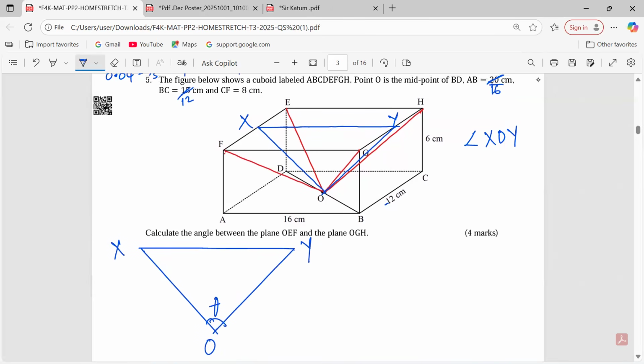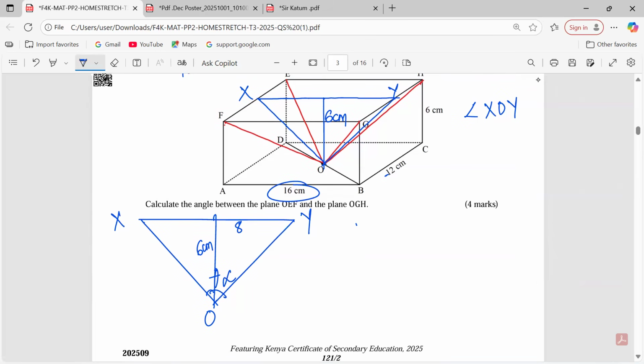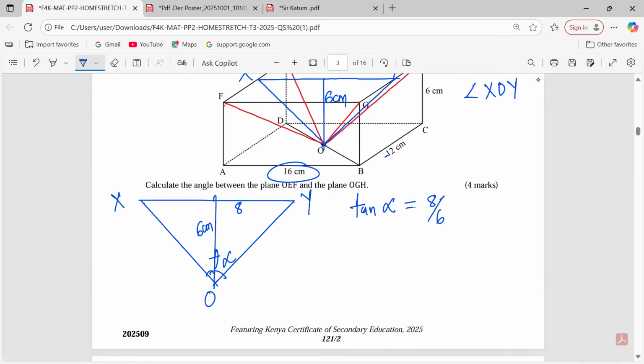From X to Y is 16 centimeters. So in case I do a bisection here, then I'll be having 8. Now the vertical height from the midpoint to O is going to be 6 centimeters. So how can we get the angle here? We can use tangent: tan of the angle alpha equals opposite length over adjacent length to that angle.